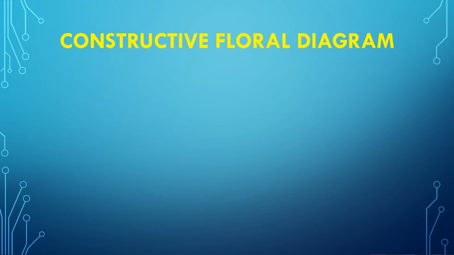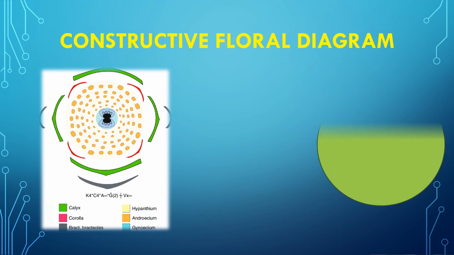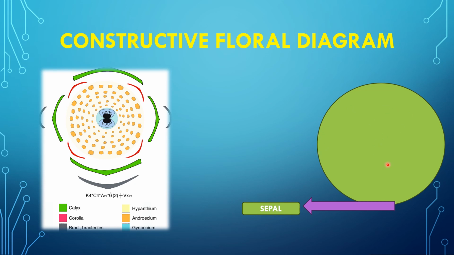Now let's look at the constructive floral diagram, how the flower is developed layer by layer. The first thing we see here is a circle. The first layer of the flower is the sepal. It can be called a whorl.